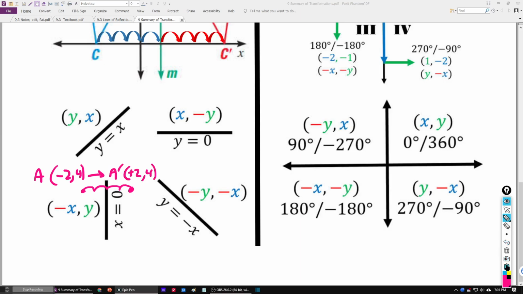So notice that the only change that I made was to change the sign of the x-coordinate. I went from negative to positive.